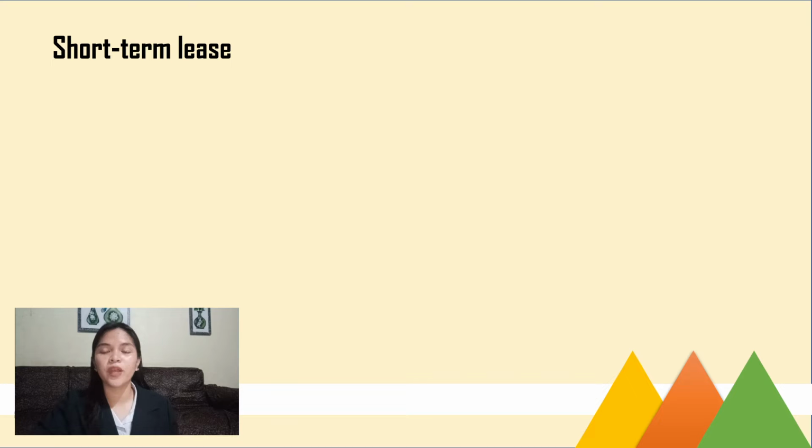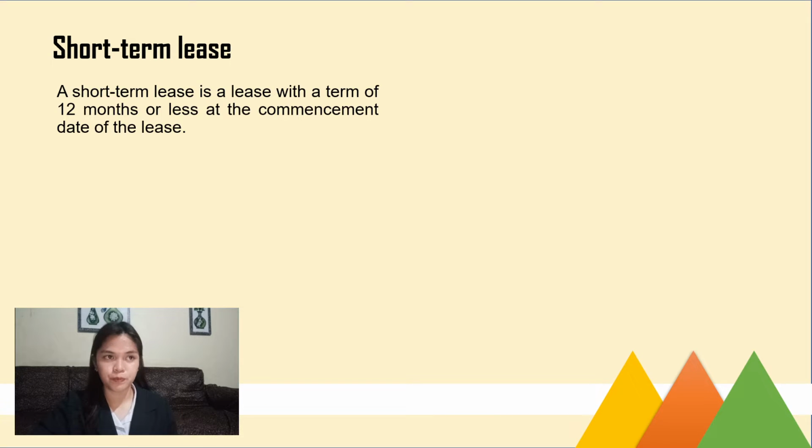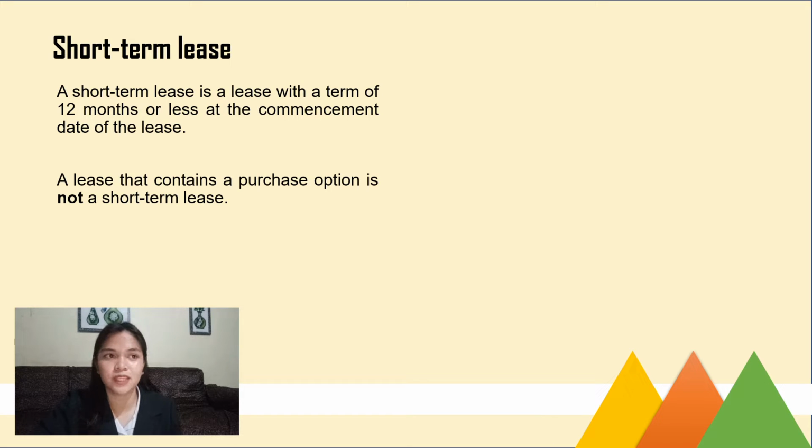Short-term lease. So, paano nga ba masasabi na short-term lang yung lease? So, yung term or period ng lease is 12 months or less from the commencement date. So, a lease that contains a purchase option is not a short-term lease. So, yung purchase option is the opportunity to purchase a piece of property which is being leased after the lease is completed.